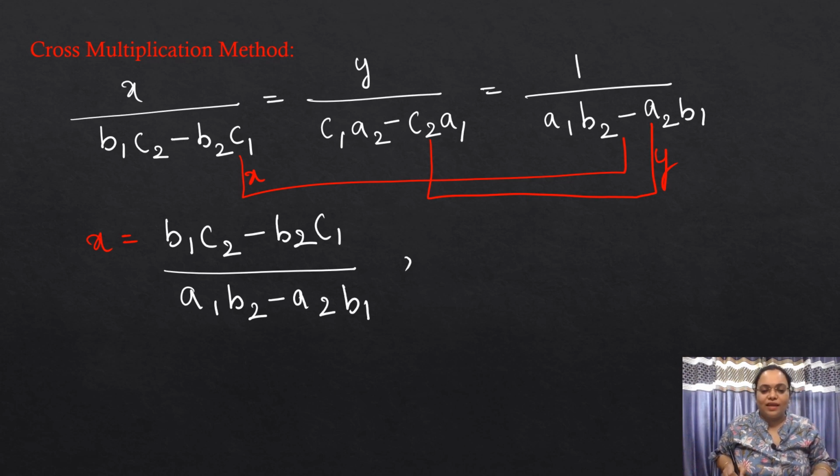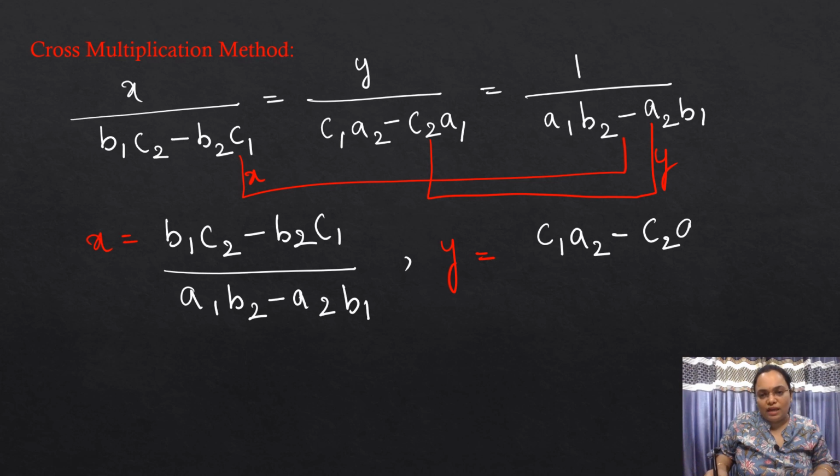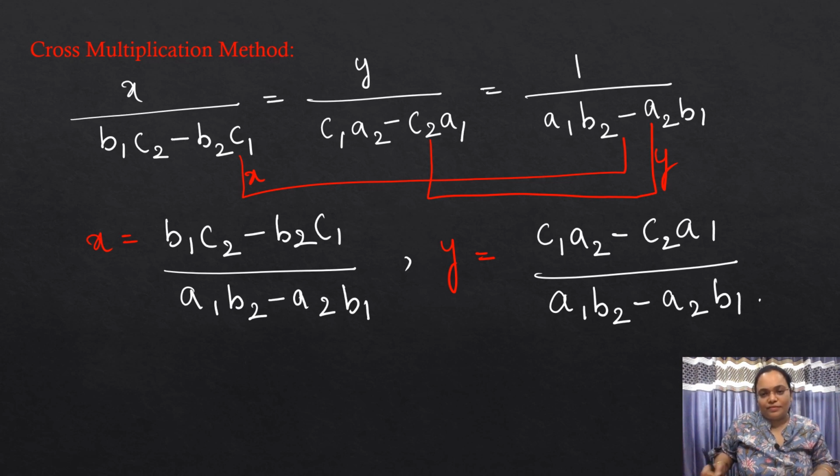Then y is equal to C1 A2 minus C2 A1 divided by A1 B2 minus A2 B1. This is how you find the values of x and y. If we solve a few example problems, you will understand the cross multiplication method.